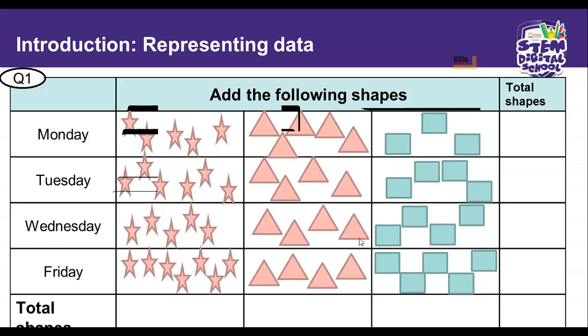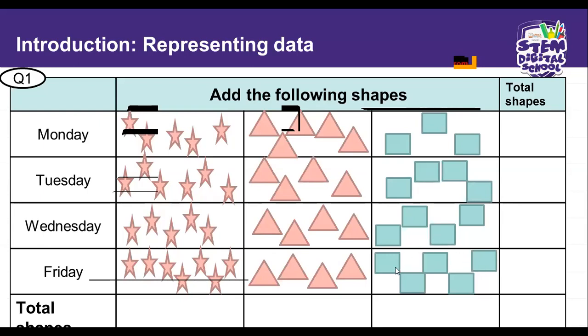Well done. So if we add these, how many rectangles here? 4. 4. Good. So if we add the 9 shapes here together with the 4 rectangles, how many shapes do we get?